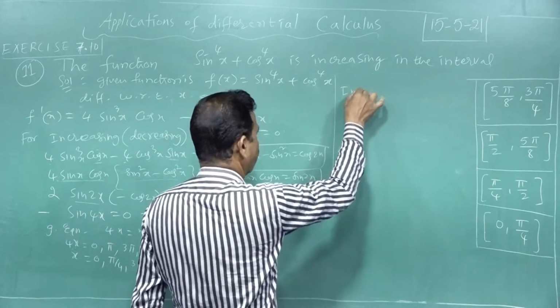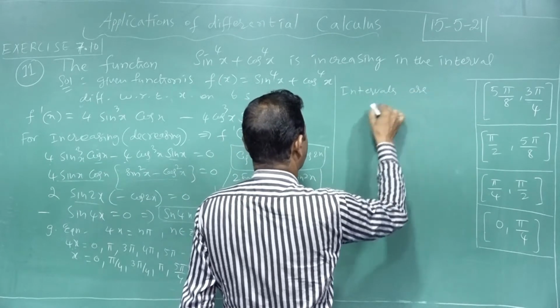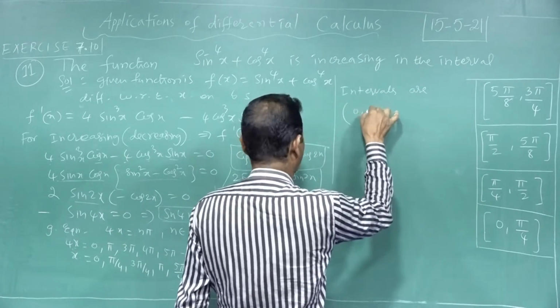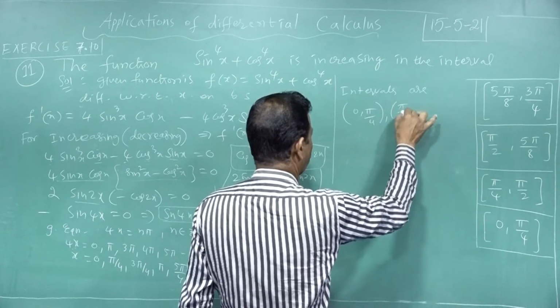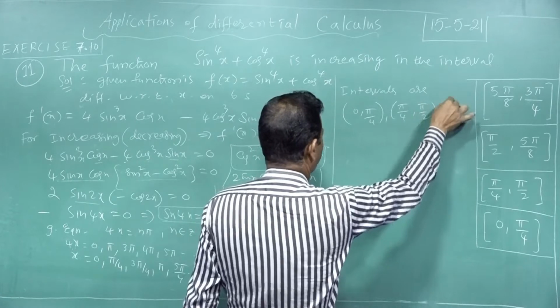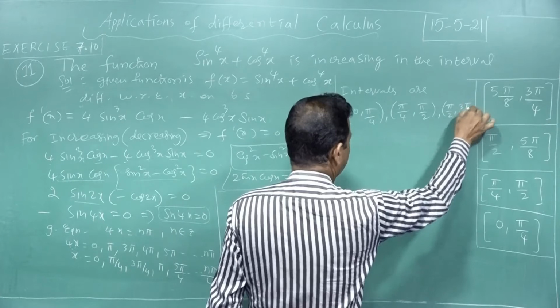Let us write the intervals. Interval number 1 is 0 to π/4. After that, π/4 to π/2. After this, π/2 to 3π/4, and so on continuously.